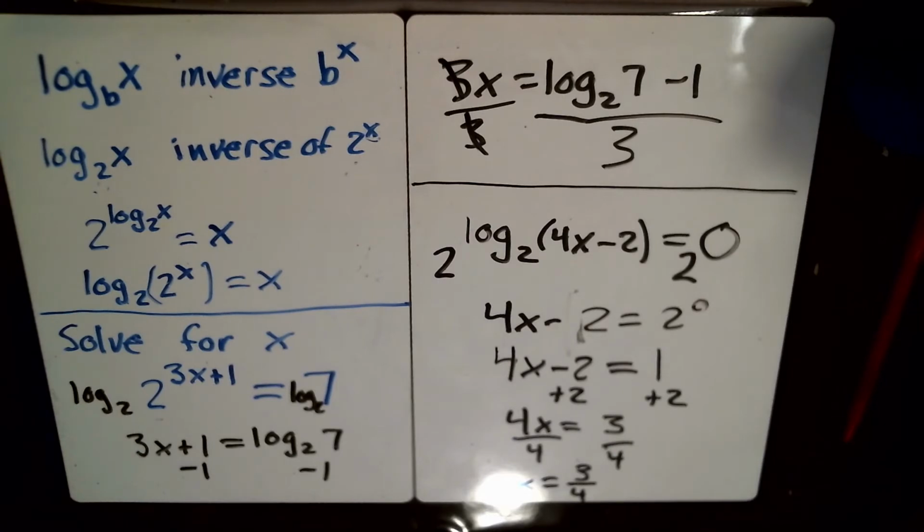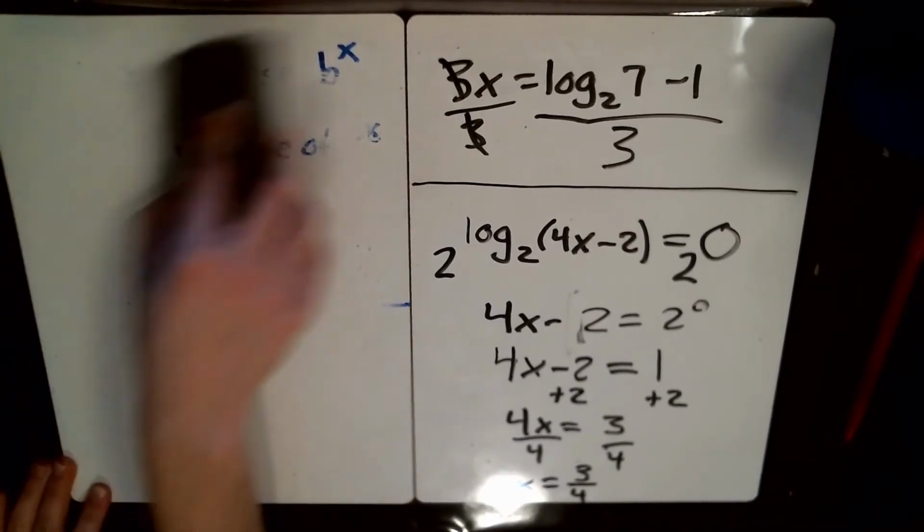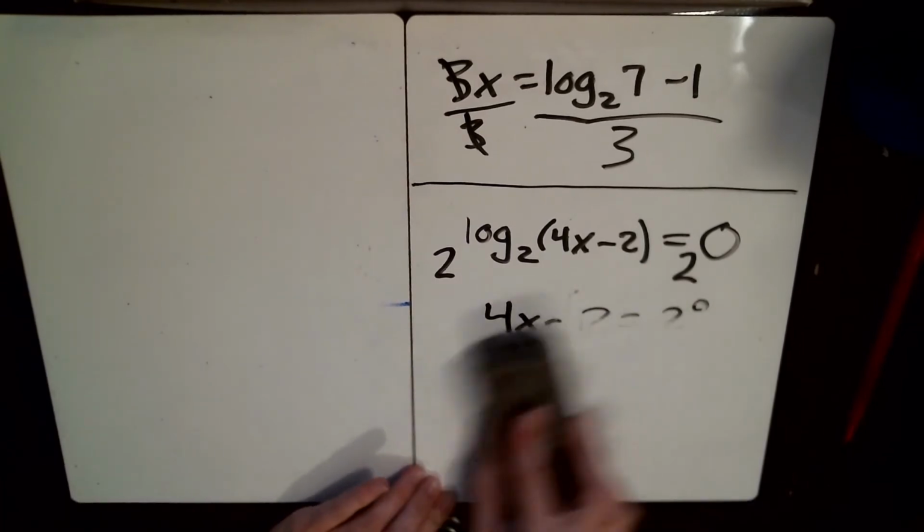Okay, so how do log without a base written on it and ln fit into this? Well, essentially, log without a base on it and ln are just examples of some logarithms.